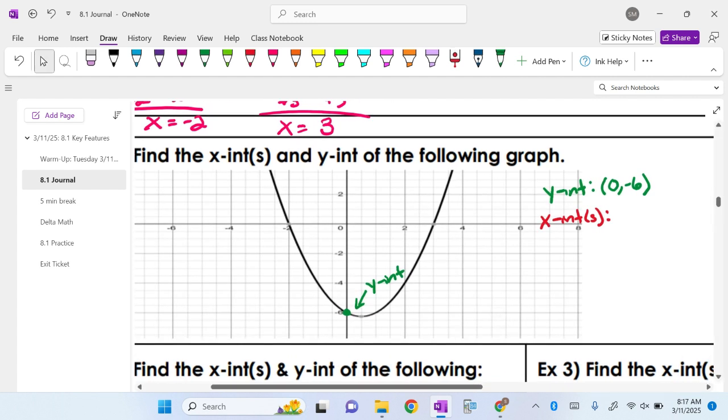All right, so let's go, Ben. Name me one of the x-intercepts. So where's one place that the graph crosses the x-axis?